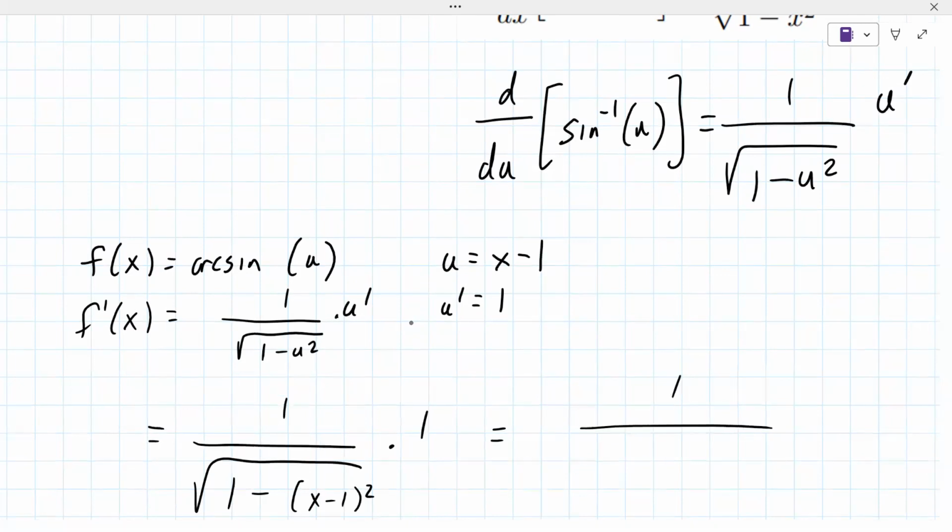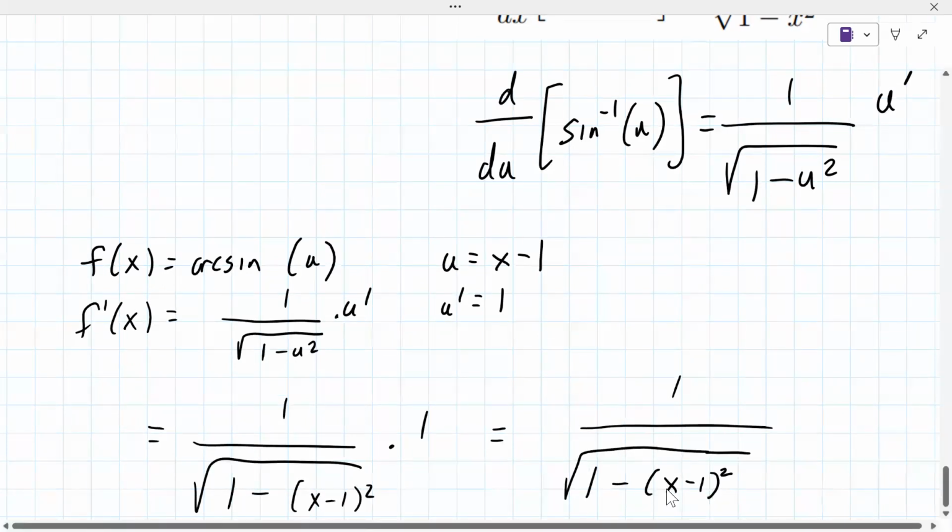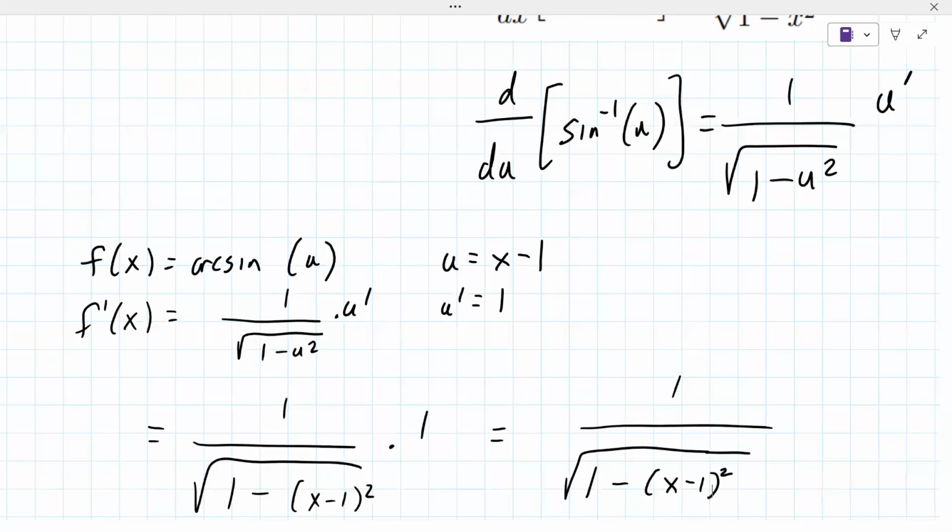So your final answer looks like this. Occasionally they do expand this, but not always. So sometimes this is probably okay as is.